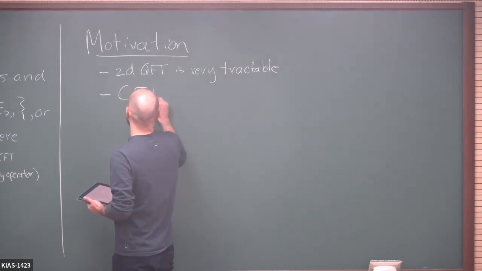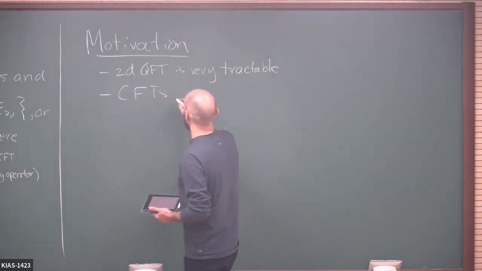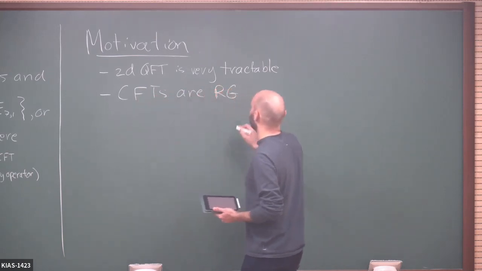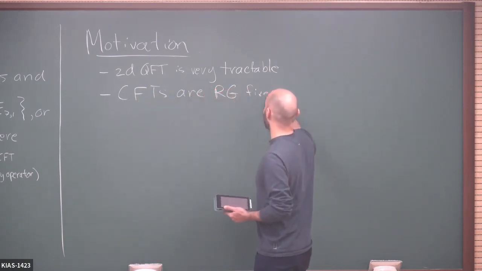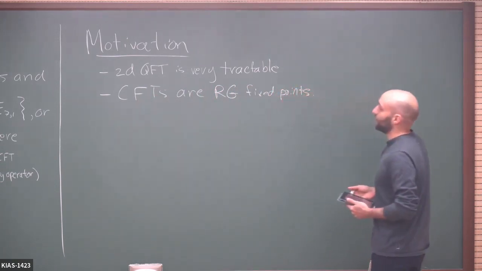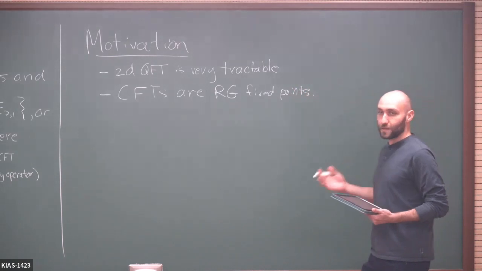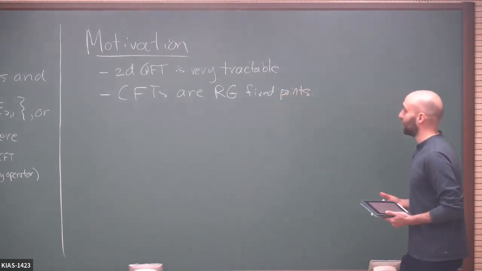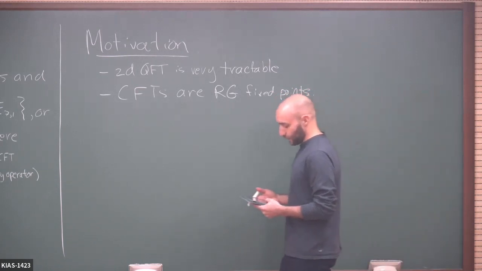The second is that CFTs are fixed points of renormalization group flow. And so in particular, what this means is that they are answers to questions of the form, what is the low energy physics of model X? And this is a question that we very often ask as quantum field theorists.